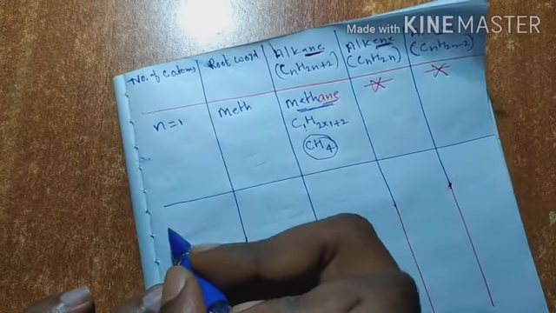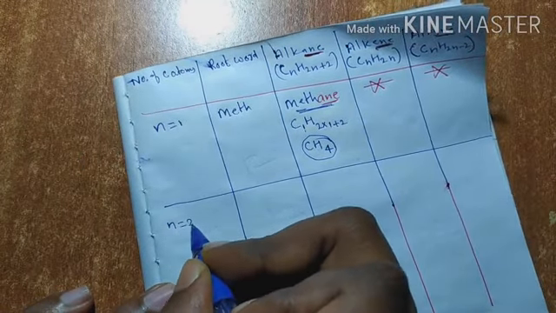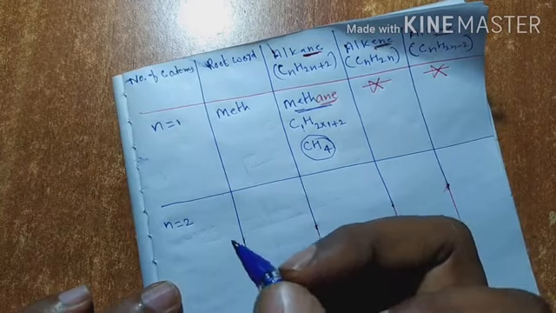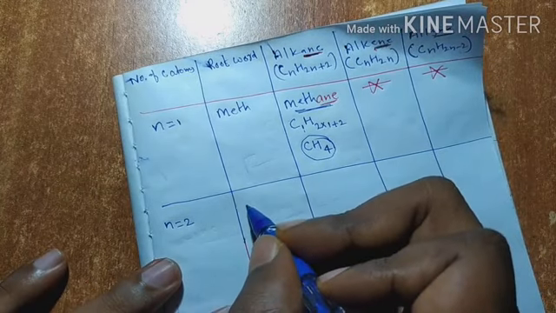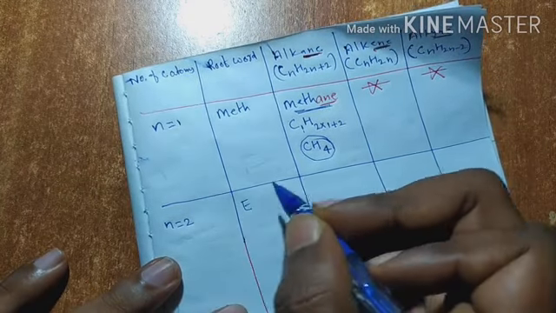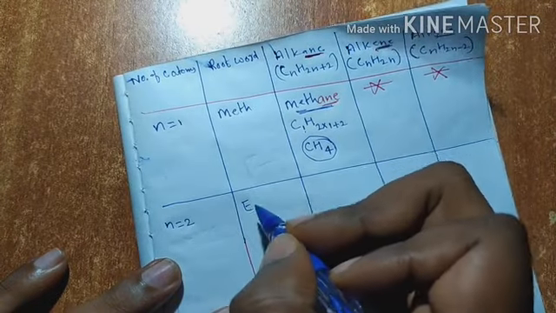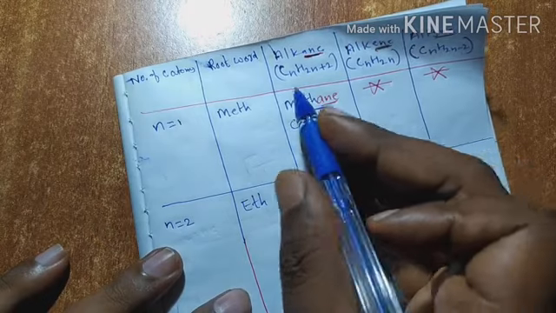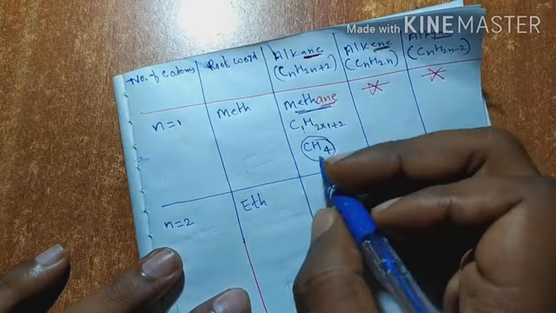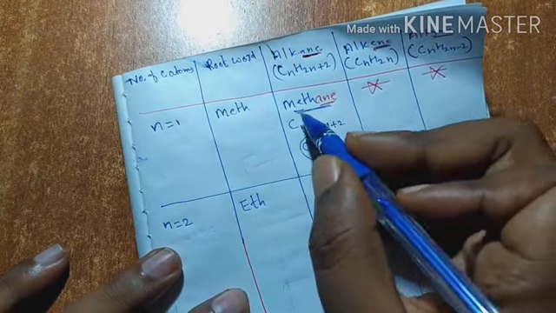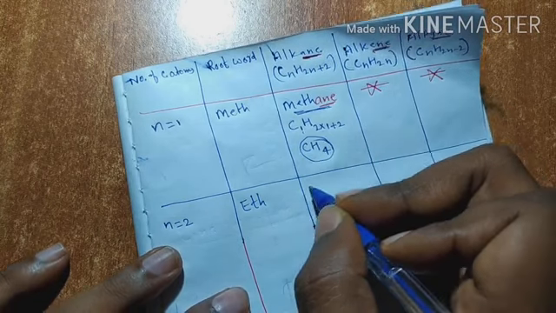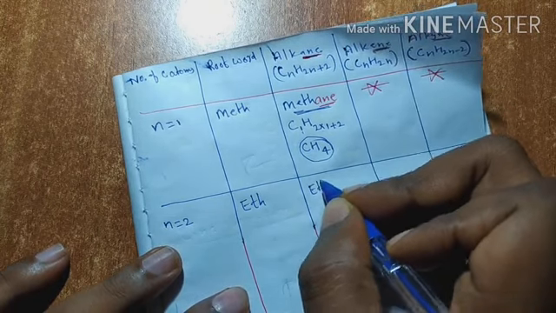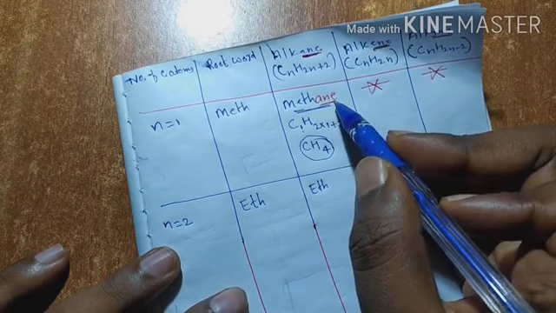Similarly, if n is equal to 2, the root word will be eth. This is important, the root word is important. So put n is equal to 2 in this formula. Write eth and add the suffix.